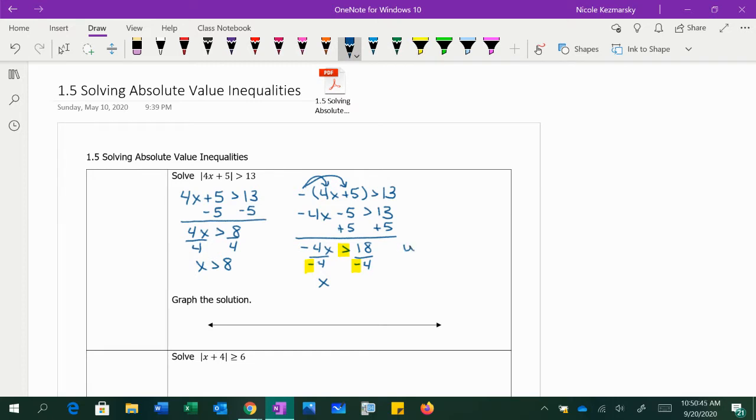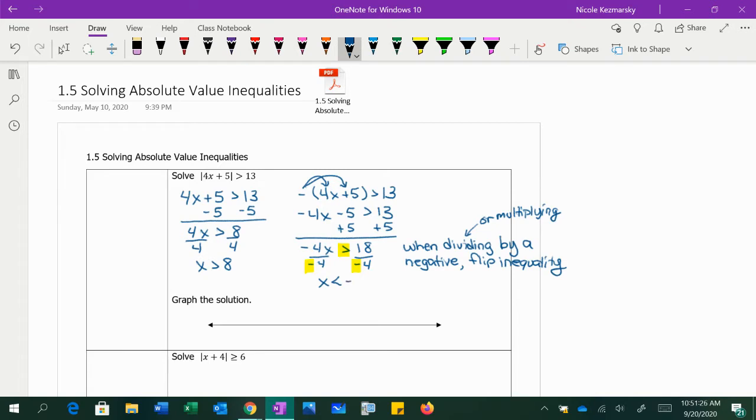So we're going to say when dividing by a negative, flip inequality. And I'm going to go even farther, and I'm going to say when you're dividing or when you're multiplying, just in case you have a fraction and you have to multiply by a negative.